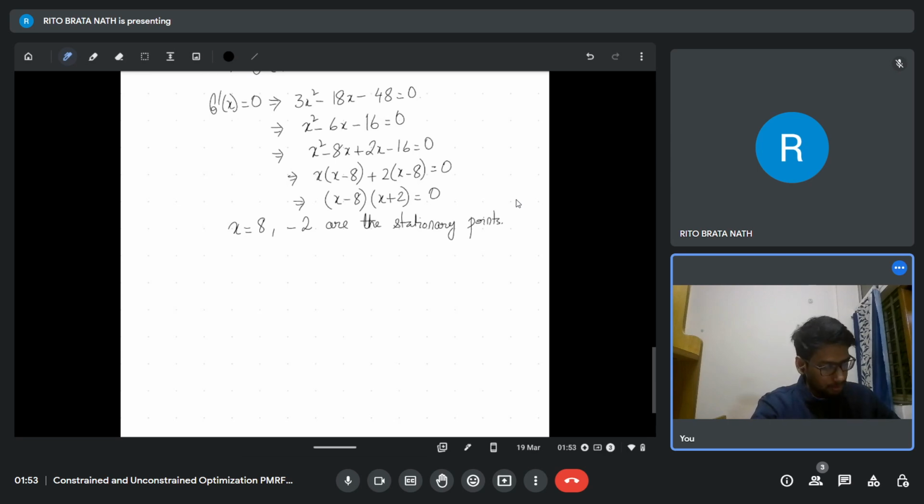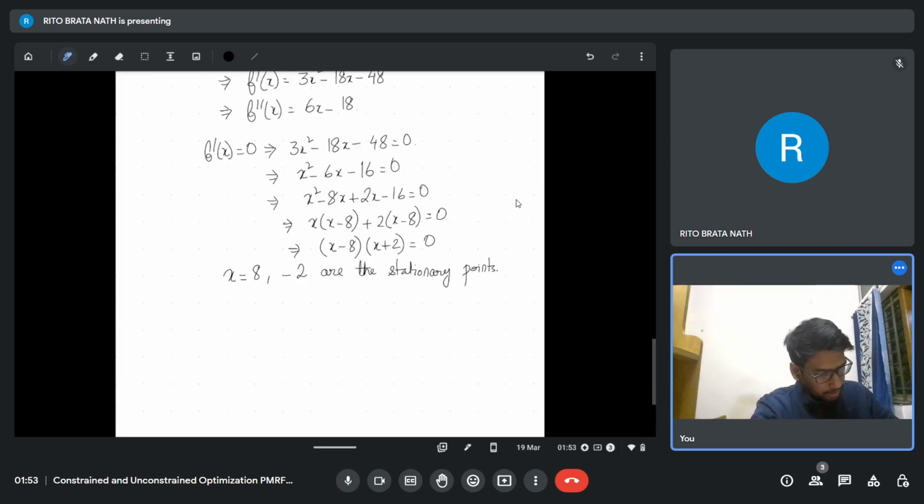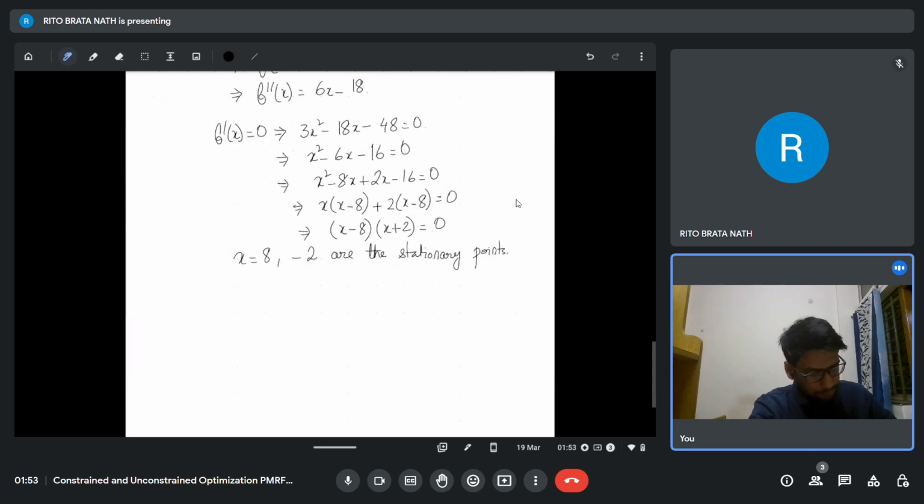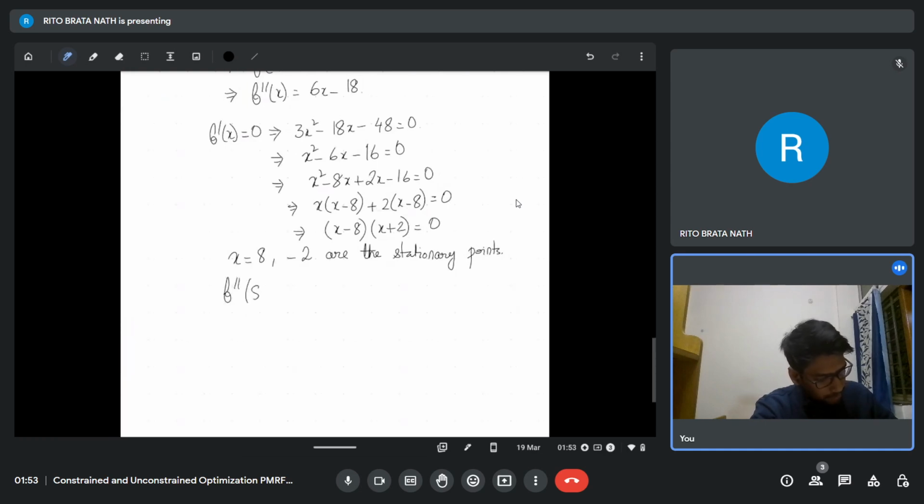Okay, so now plug this into the second derivative. f double prime at 8 is 6 times 8 minus 18, which is greater than 0. f double prime at minus 2 is 6 times minus 2 minus 18, which is less than 0. So this will correspond to local minima and this will correspond to local maxima, right?